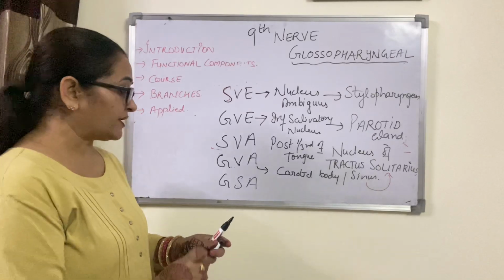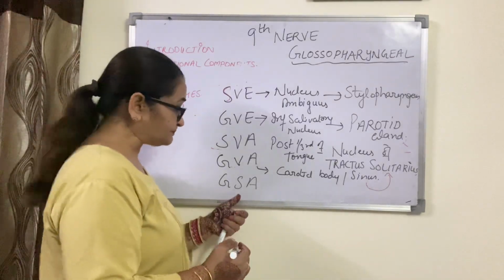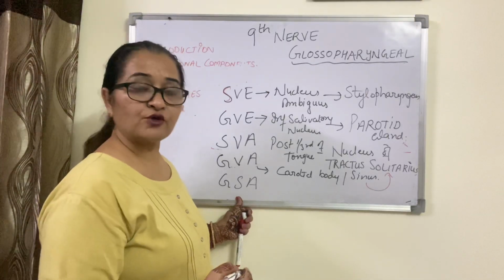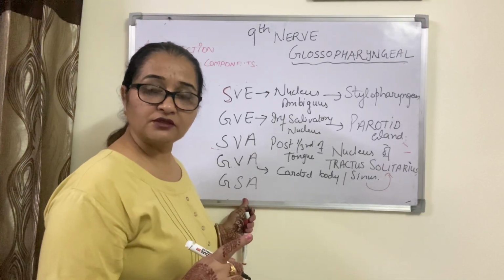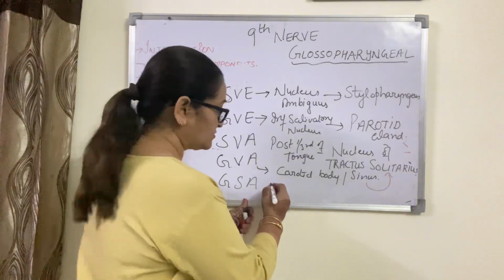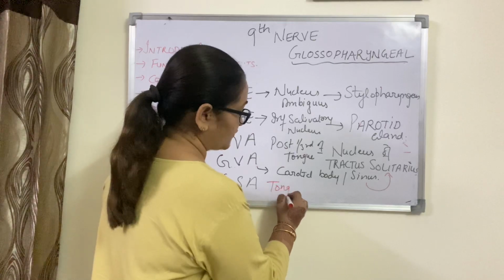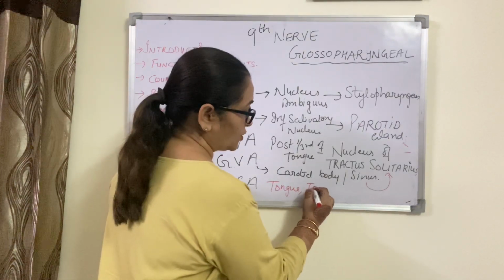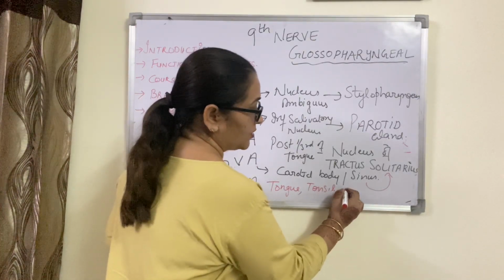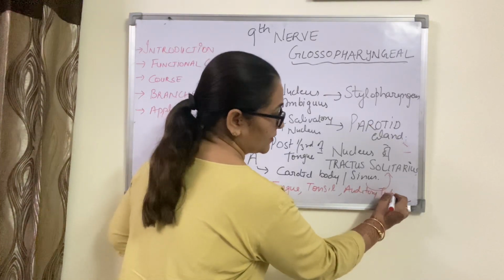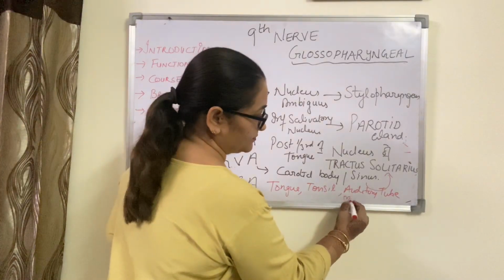Now these general somatic afferent fibers are basically the fibers which take pain and temperature sensations from the posterior part of the tongue, that is from the tonsil. So these are the components from where pain and temperature sensation fibers are taken: tongue, tonsil, auditory tube and middle ear.